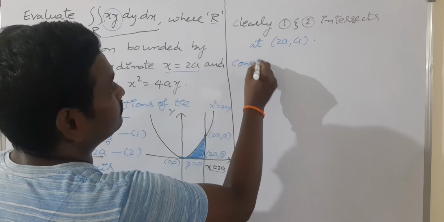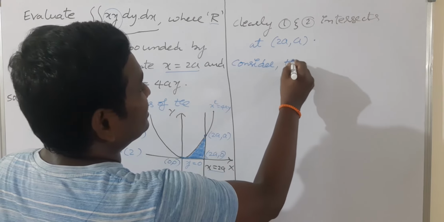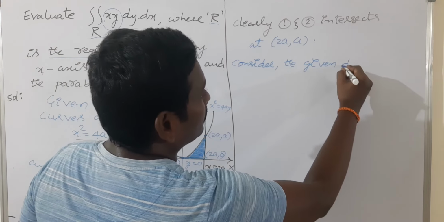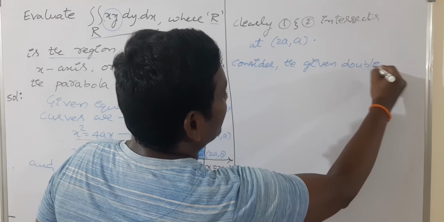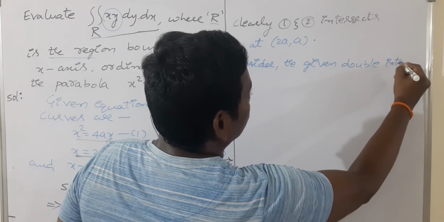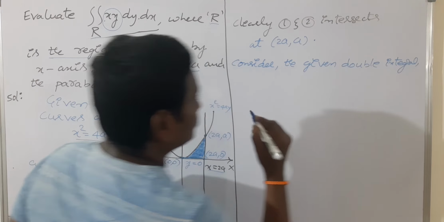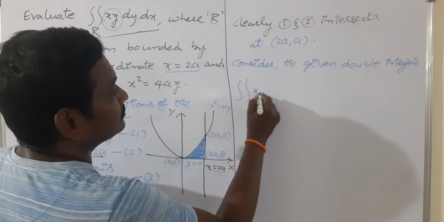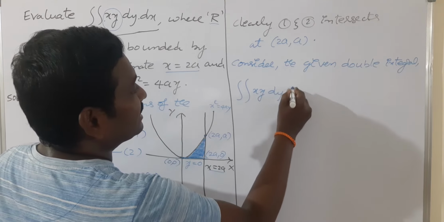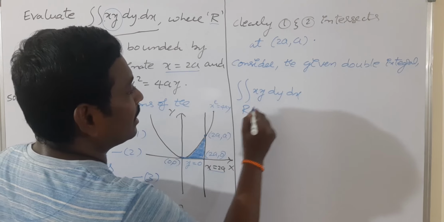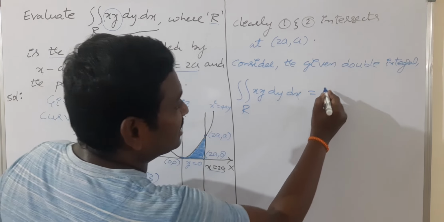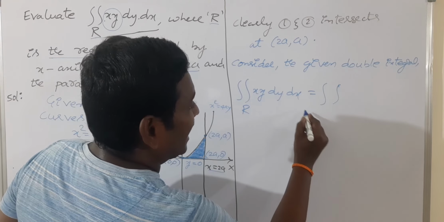Consider the given double integral. What is the given double integral? The double integral of xy dy dx over R is equal to, okay, first fix the x limits as constant.